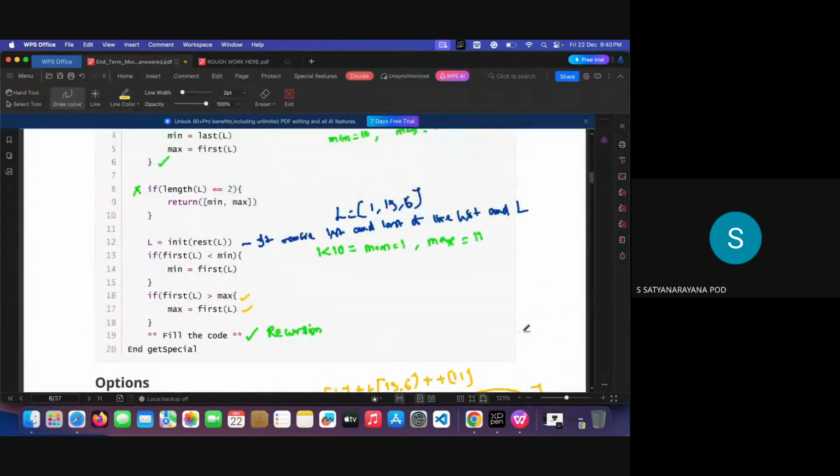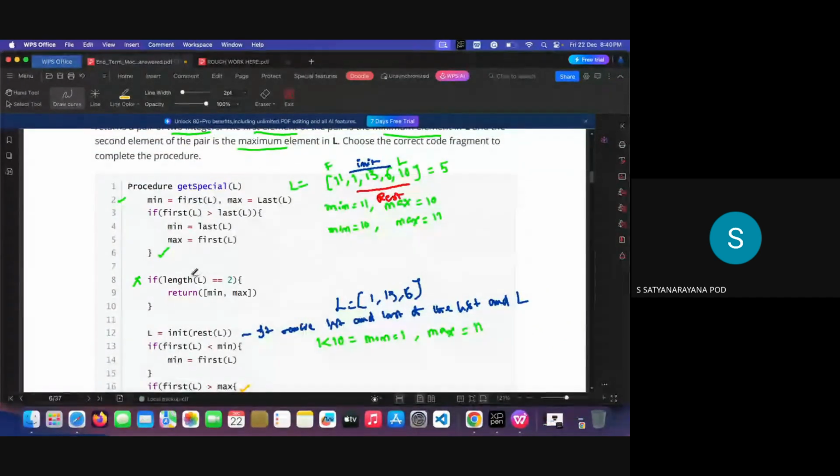Whenever the length of the list is only two elements, it simply returns min and max, with no further calling. Whenever my list size becomes two elements, the first element is definitely the minimum, and the last or second element is the max.